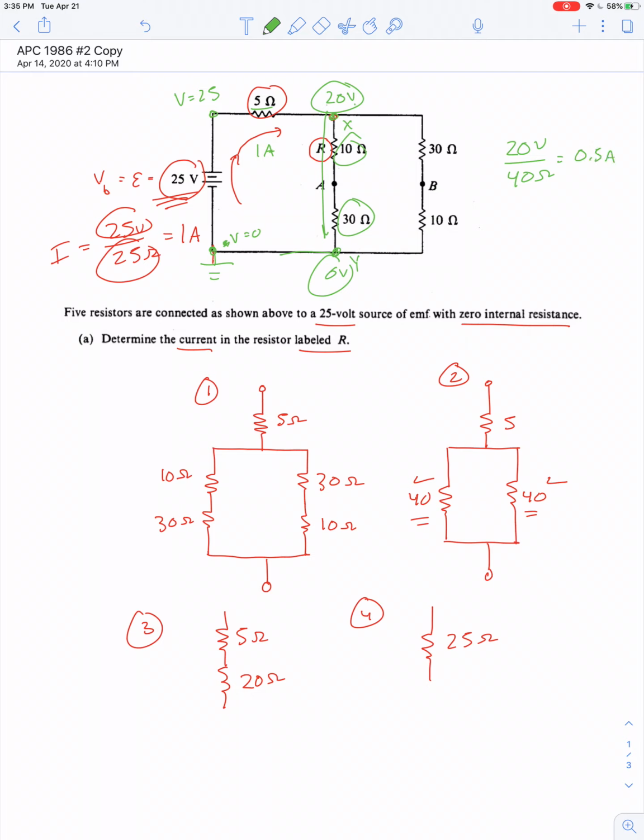And that makes sense, right? Since this path is just as much resistance as this path, the 1 amp should split up evenly into half an amp and half an amp. So the question is, what's the current through the resistor labeled as R? Well, the current through this one is the same as it is through this one, but that happens to be 0.5 amps. Not so bad.